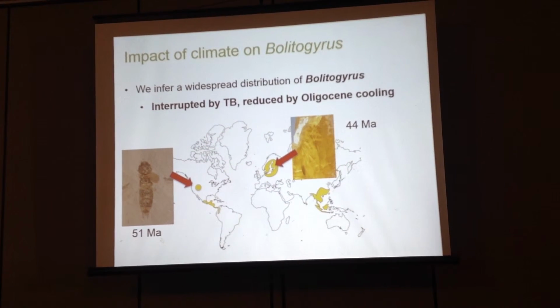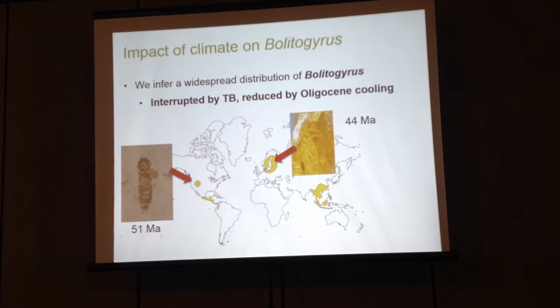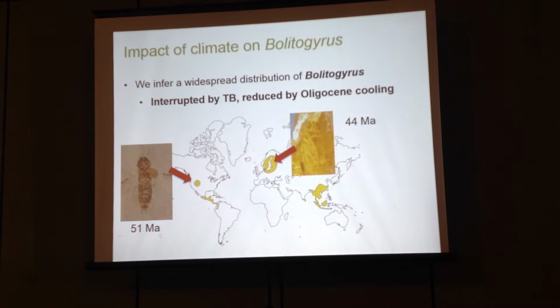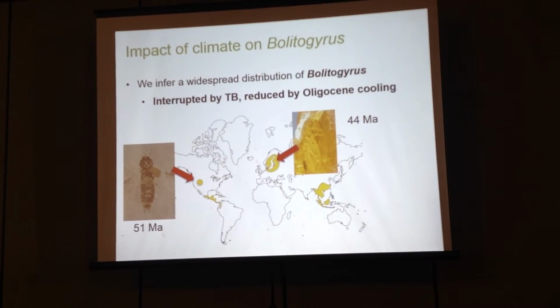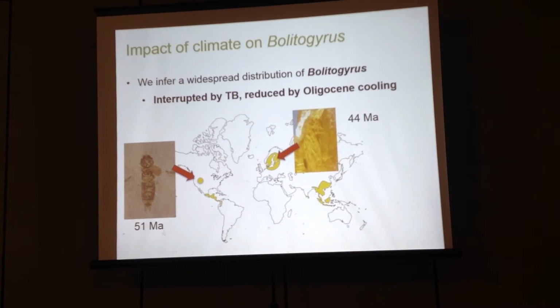But what is great is that already when Adam was doing his dated analysis, he discovered two new fossils. One of them is a stem group Bolitogyrus from Baltic amber, and another is also a stem group of Bolitogyrus from the Green River compression fossil in North America.